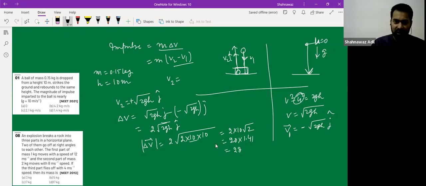So this is 28. Oh, let's just keep it like this. So 20 into 1.41. So what will be the impulse? Impulse will be what? Mass is 0.15 and 20 into 1.41. Right.